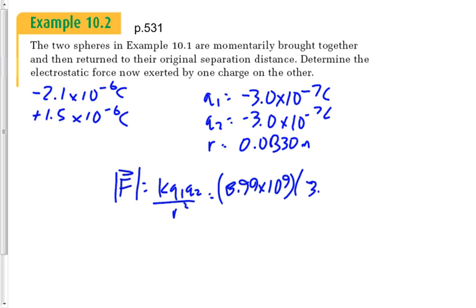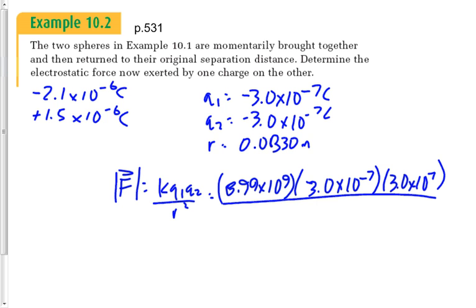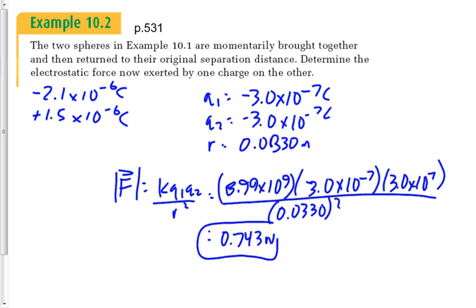It's negative on both of them, but we're dropping it when we plug it into the equation. Tanner, what do we get there? 0.74. Anybody else get that? 0.743 newtons. Is that going to be attractive or repulsive? It's going to be a repulsive force because they're both like charges now, both negative charges.